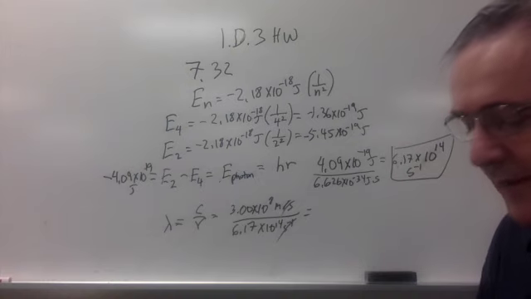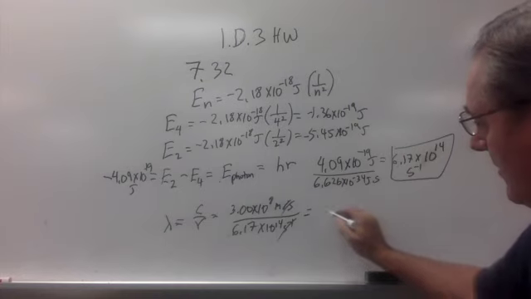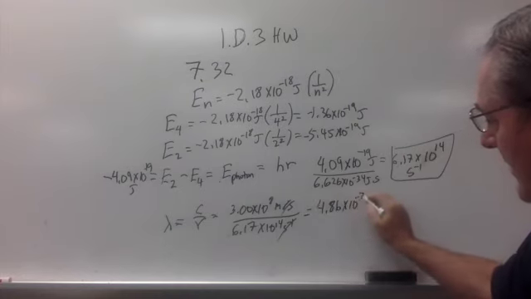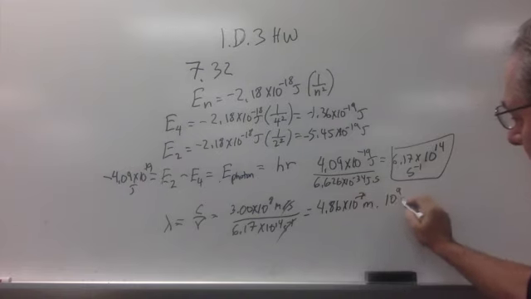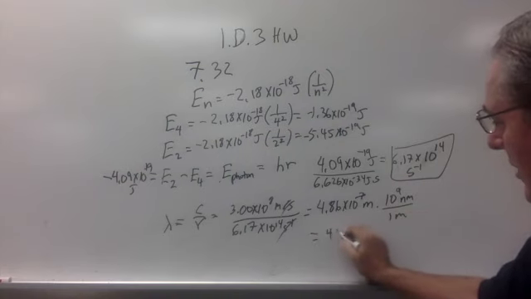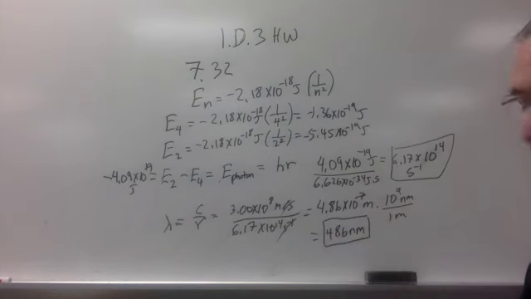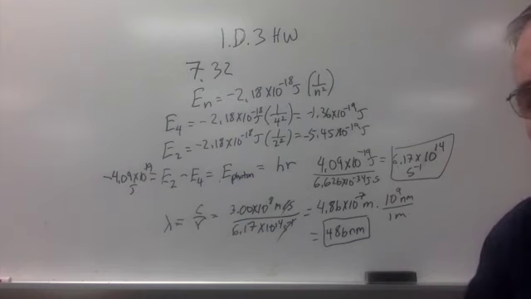So the speed of light divided by the frequency comes out to 4.86 times 10 to the minus 7 meters. There's 10 to the 9th nanometers in a meter. So that would be 486 nanometers. So frequency 6.17 times 10 to the 14th per second, or hertz. And wavelength 486 nanometers.